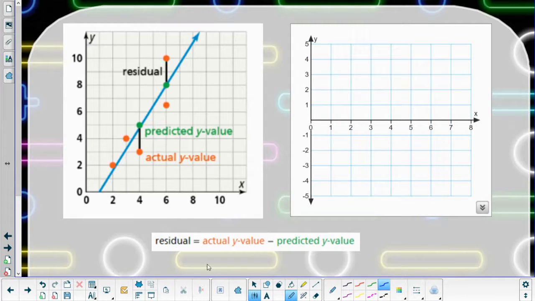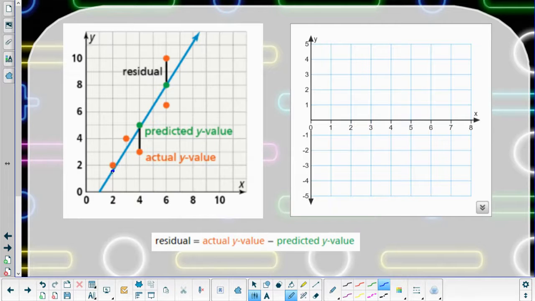So if we look at our first predicted point, this predicted point right here looks to be about 1.5. And my actual value is 2. 2 minus 1.5, that means I'm about half of a point off.